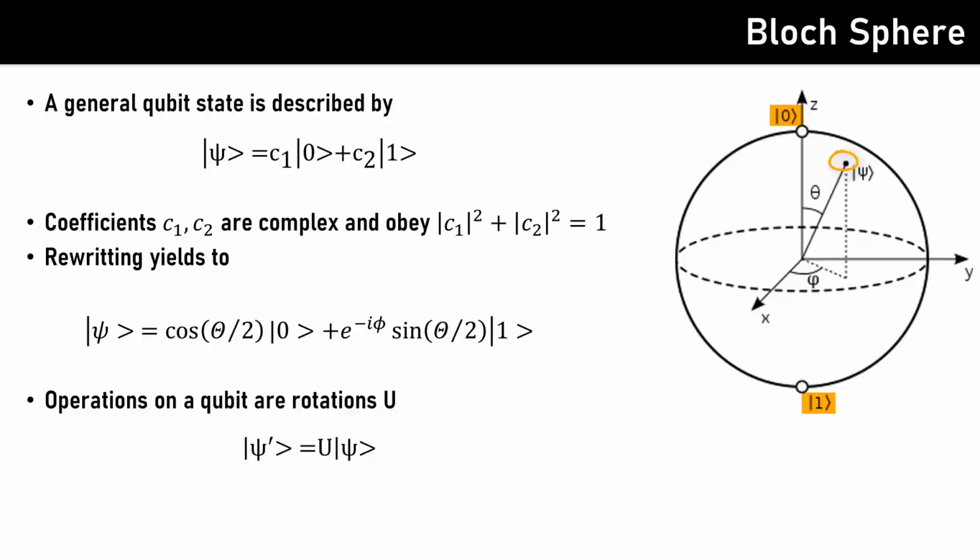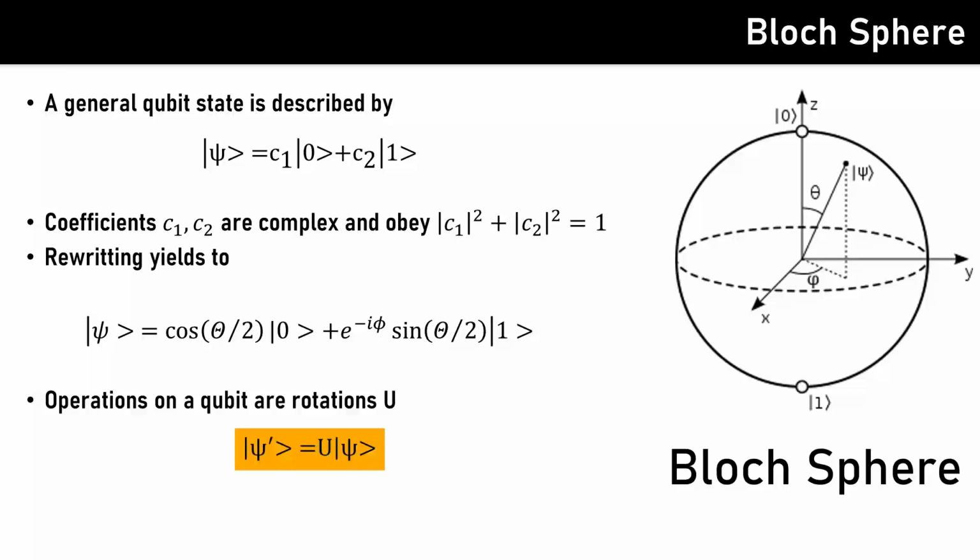In the context of qubits, this sphere is called the Bloch sphere. With the interpretation of the Bloch sphere, we get a glimpse of how information on quantum computers is processed, namely as rotations of points on the Bloch sphere.